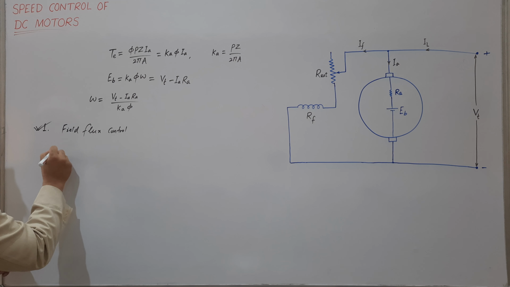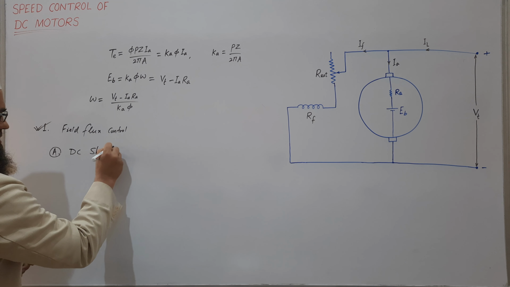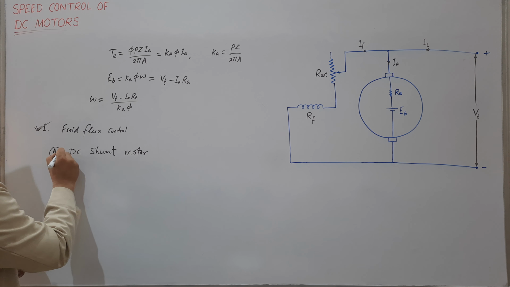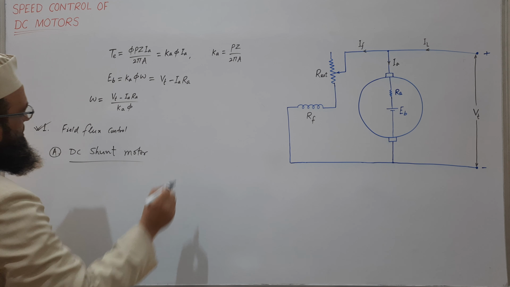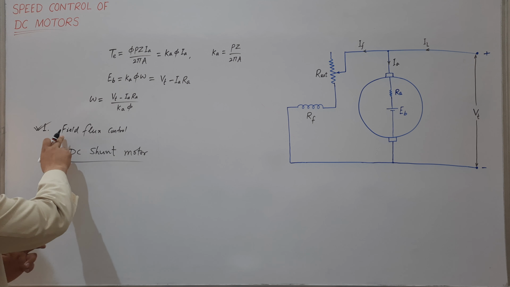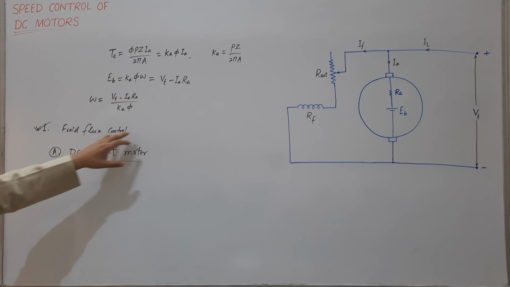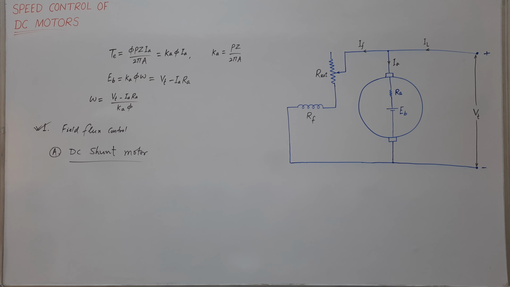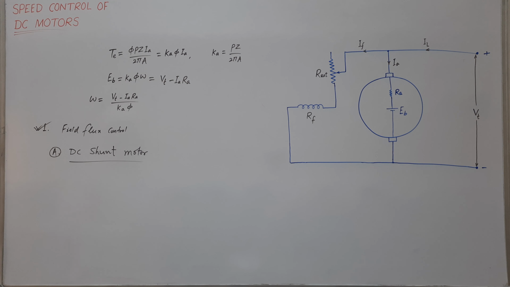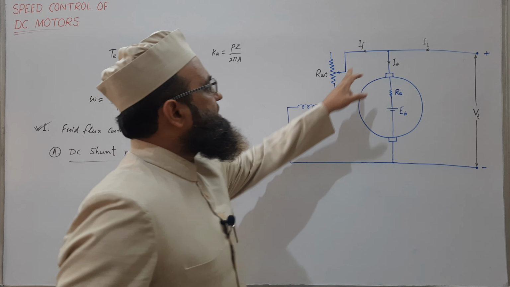So write DC shunt motor. We are going to discuss field flux control, also known as field current control or field weakening control method. So in this method, we are going to change flux by changing field current.